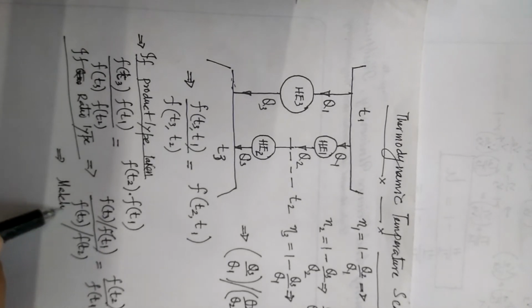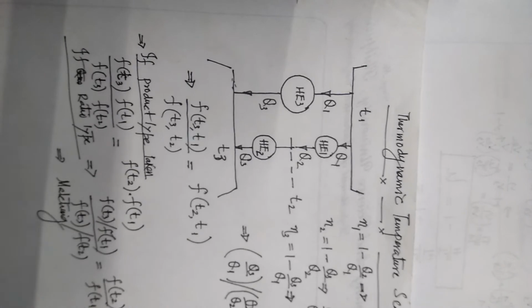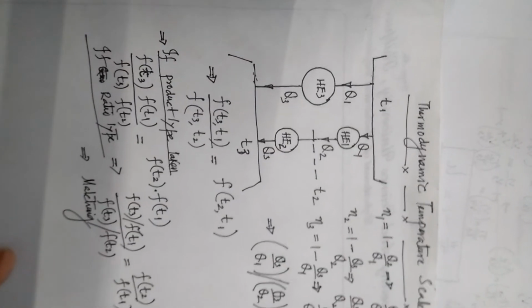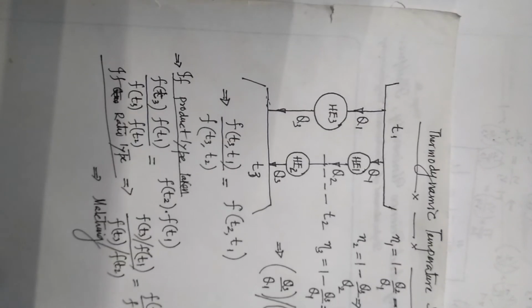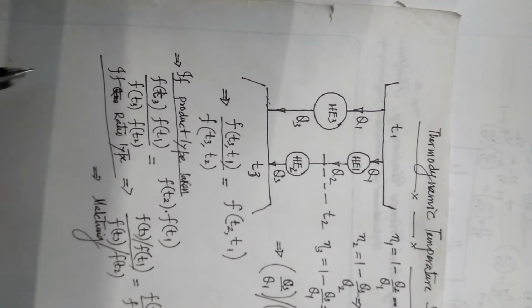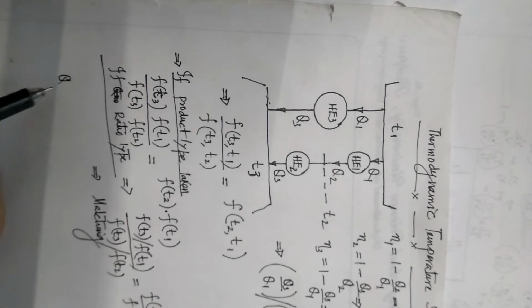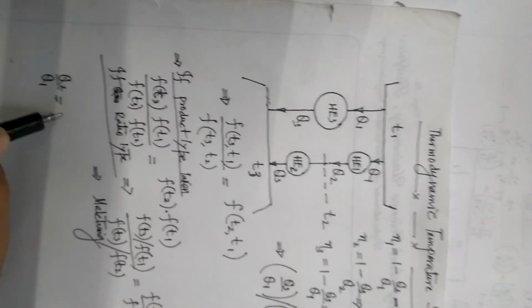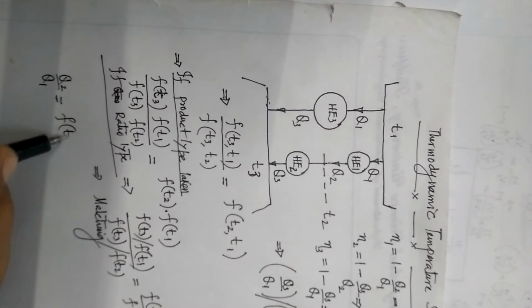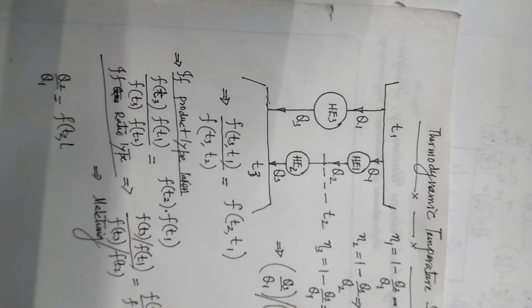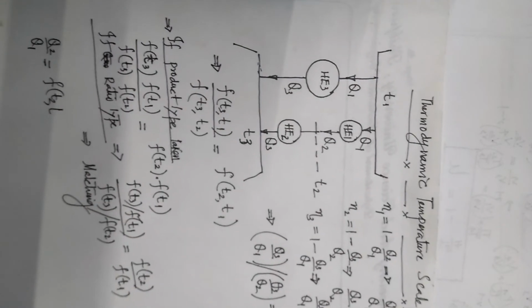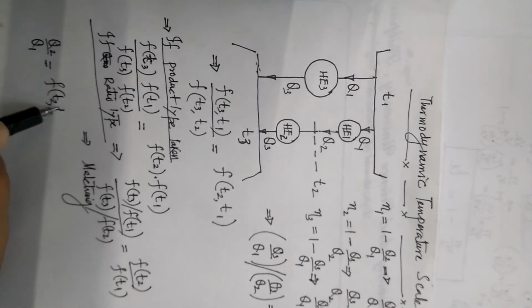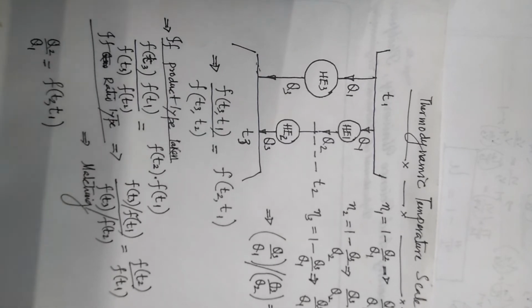So we may say that the functional relationship with the temperature is like this, that Q2 by Q1 is equal to f of T2 by f of T1.